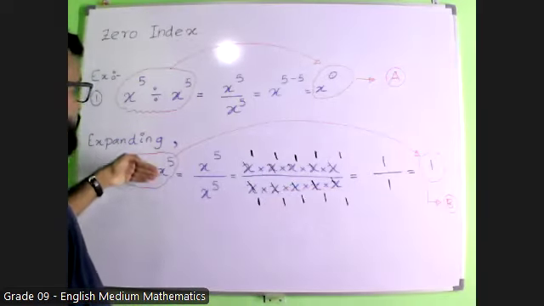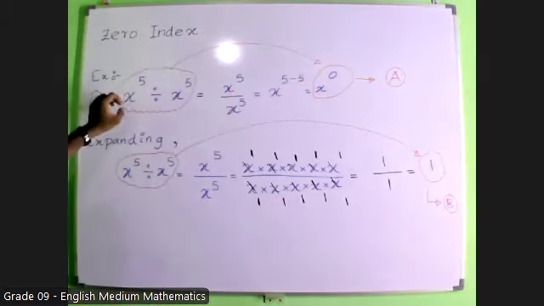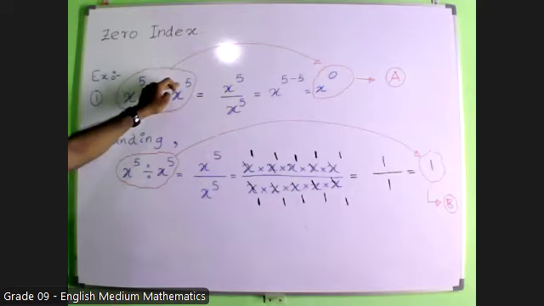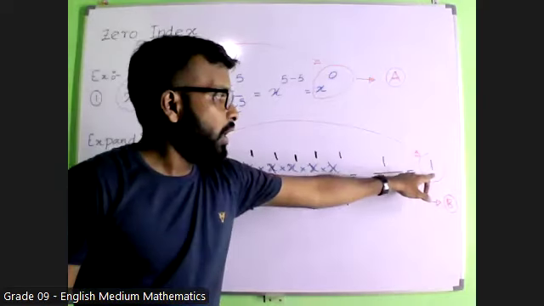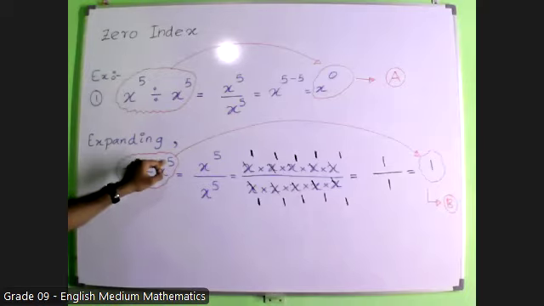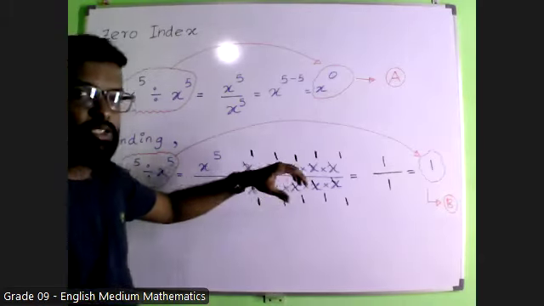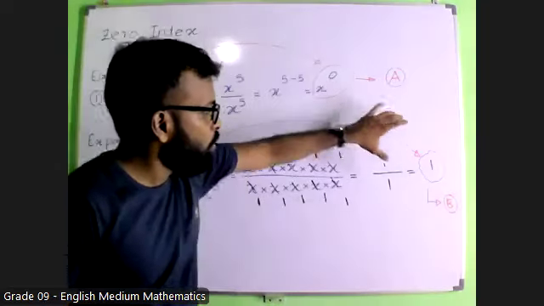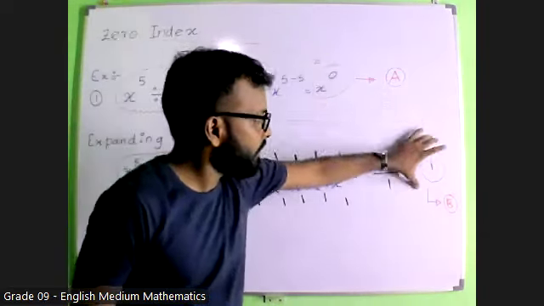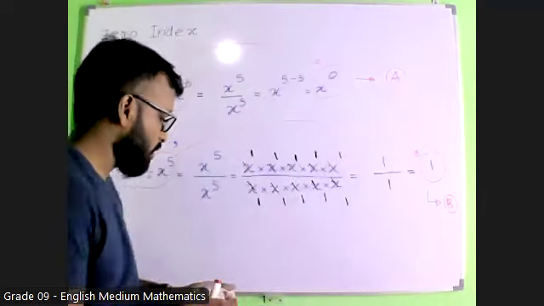Same thing. x to the power 0 equals x to the power 5 divided by x to the power 5. 1 equals x to the power 5 divided by x to the power 5. So these two are equal.